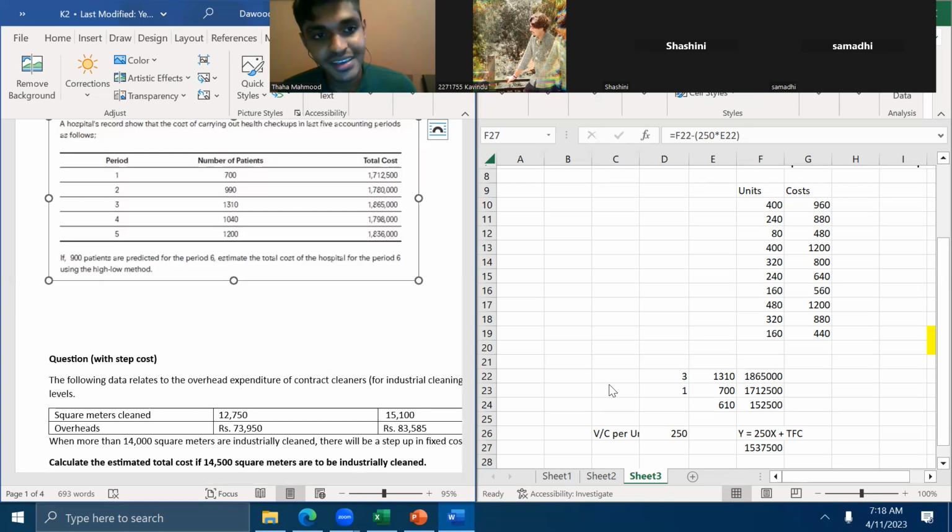Another thing I have to emphasize is that in decision making with cost classification, in most instances it's not 100% accurate, regardless of using linear regression analysis, the high-low method or the visual fit method. Whichever method we use, we cannot split the fixed portion and the variable portion of a semi-variable cost accurately.